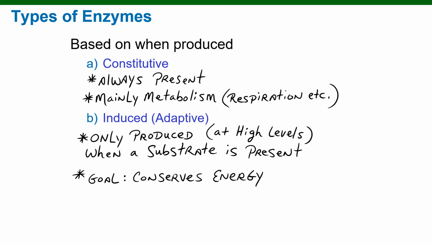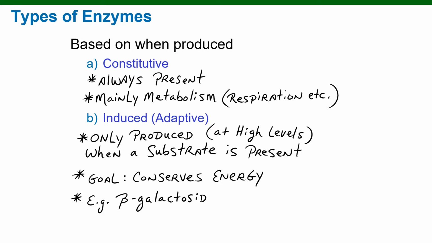One of the most well-known examples in bacteria for such induced or adaptive enzymes would be the lactose operon, or lactose digesting enzymes. There's an enzyme called beta-galactosidase that we know can split up the disaccharide sugar lactose.